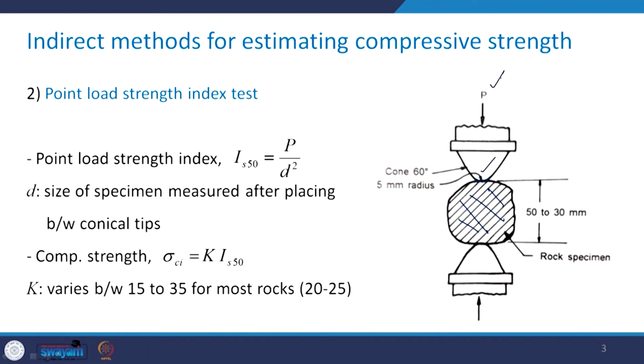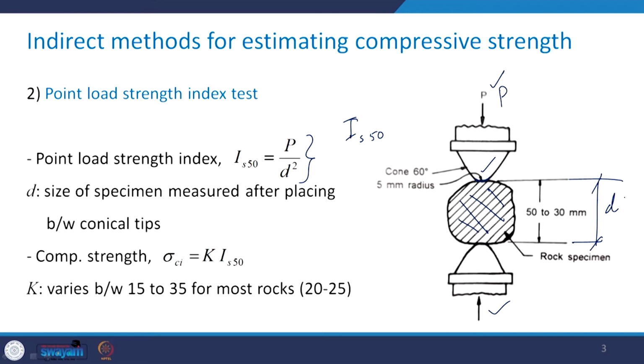You apply this point load here, which is capital P. So, the point load index is defined as IS50, which is equal to P upon D square, where D is the size of the specimen which is measured after placing between the conical tips, that is, this dimension is D.